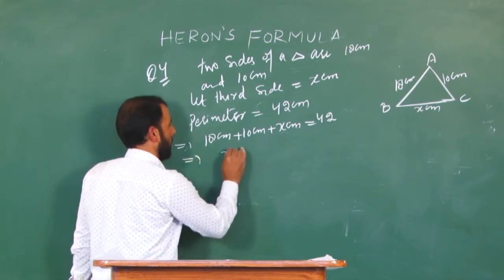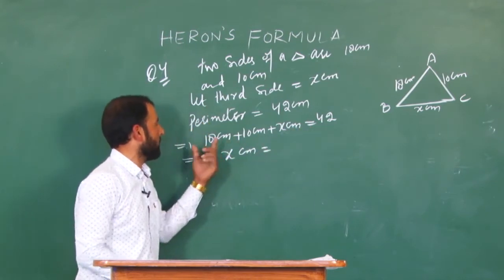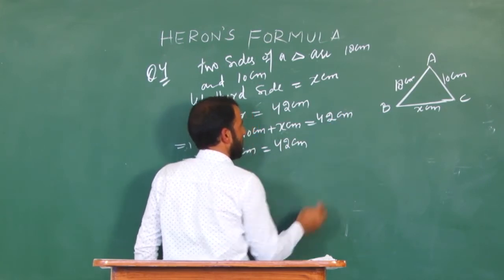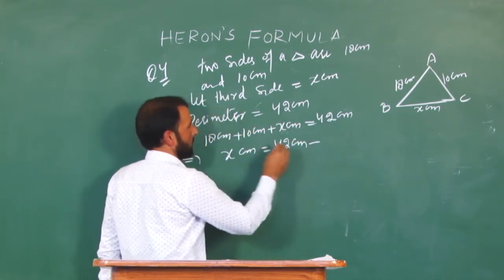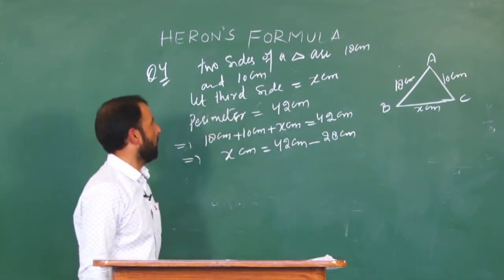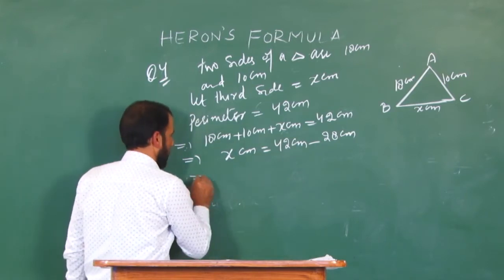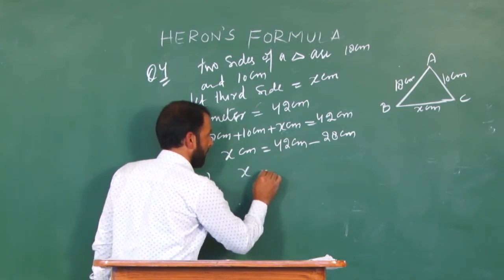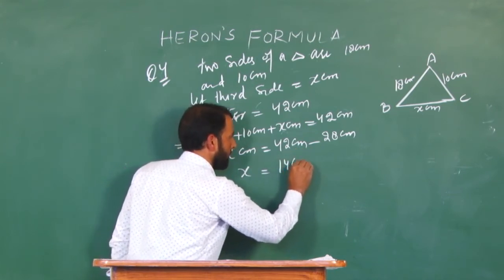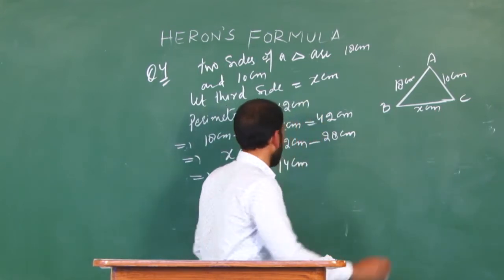That means x centimeter is equal to 42 centimeter minus 28 centimeter, which clearly equals 14 centimeter. So x is equal to 14 centimeter. Means the third side is equal to 14 centimeter.